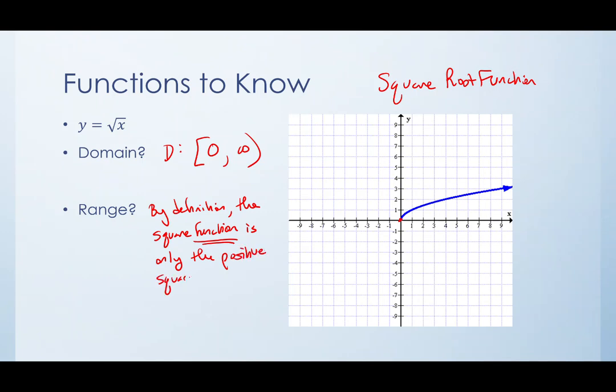And we do that because if we didn't, it wouldn't be a function. Right? So our range, same story here, the lowest value we're going to get out until we've done some vertical or horizontal transformations, translations, is going to be 0 to infinity. So you should know that shape.